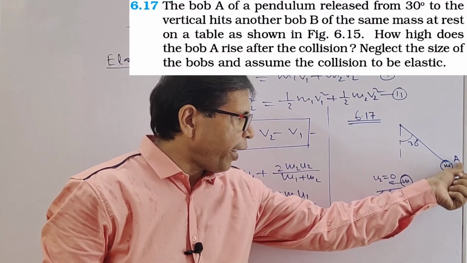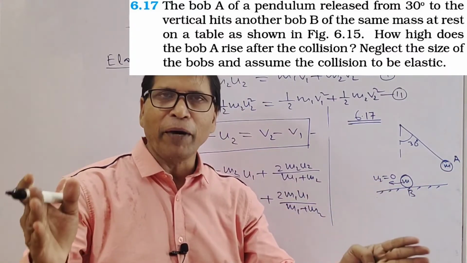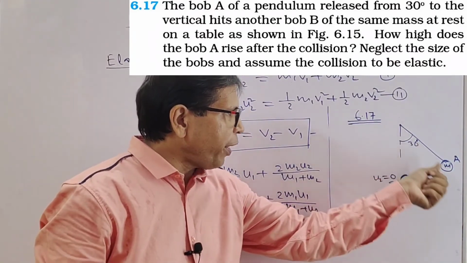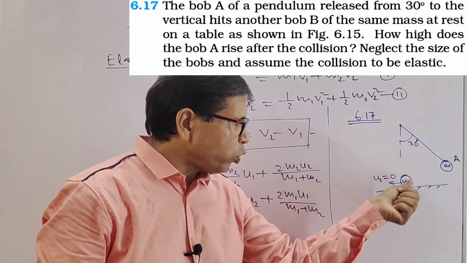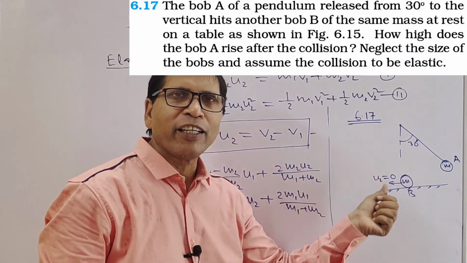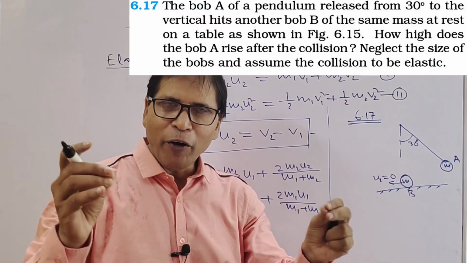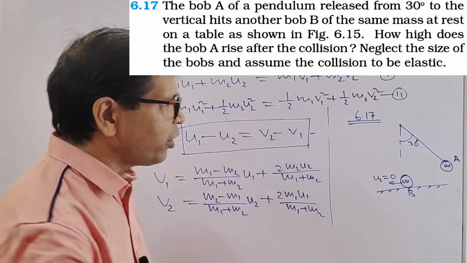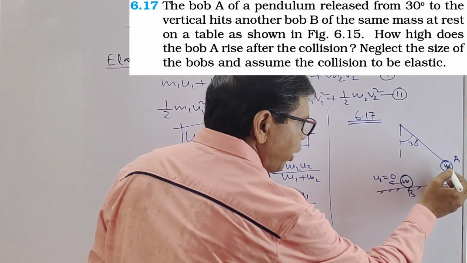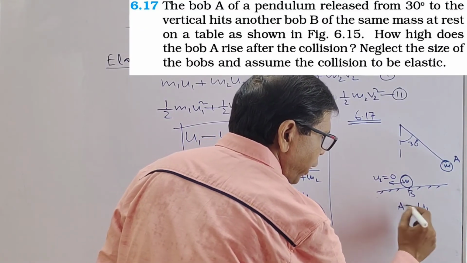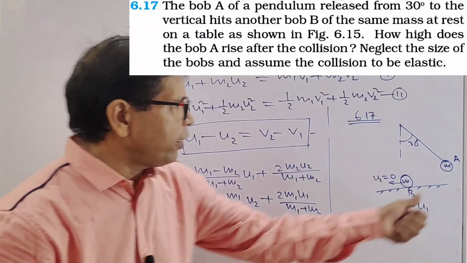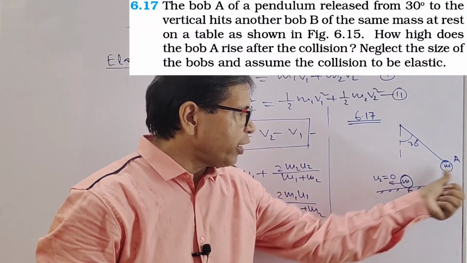Bob A and B are of the same mass m. The bob A is released at an angle of 30 degrees and collides with B at rest. How high will A rise? Suppose when they collide, the velocity of A is u1. These are equal masses.